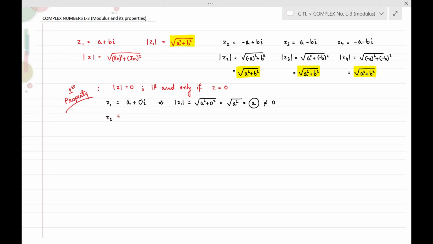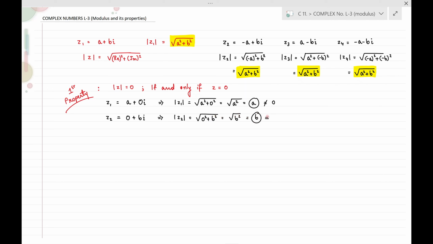Now let us consider another condition where the real part is 0 but the imaginary part is something, b iota. Now let us find out the modulus of this complex number. In this case it will be 0 square plus b square, and it will give us under root b square, and the final value will be b, which is also not equal to 0.